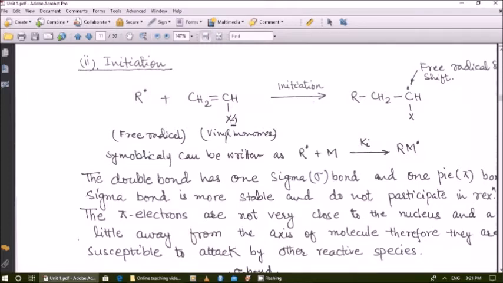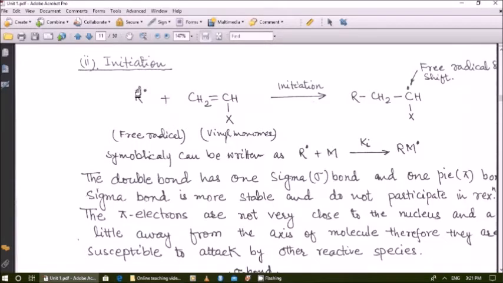If X is a benzene ring, it will become styrene. If X is CH3, it will become propylene. So this is a generalized terminology X that we are using, and different functional groups can be attached as X. So this is a generalized formula for the vinyl monomer.